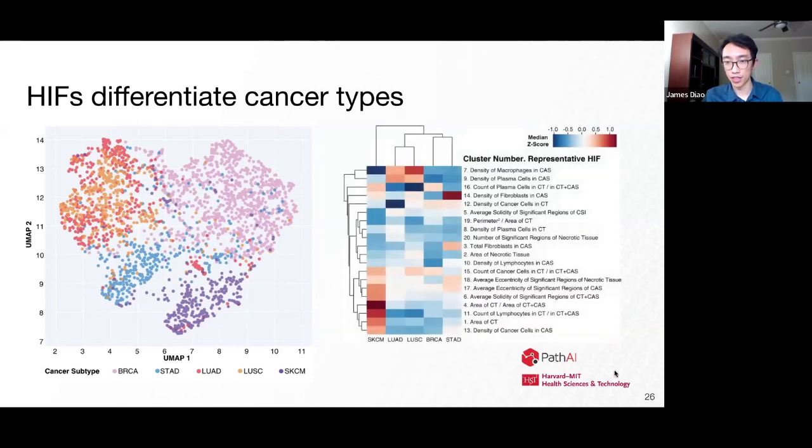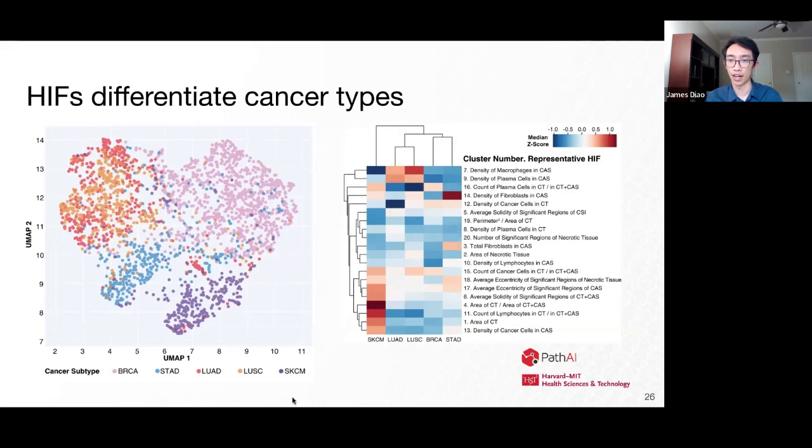To quantify this a little bit, we can take the HIFs and cluster them. We used a hierarchical agglomerative clustering method using the complete linkage method, and clustered it into 34 different clusters of HIFs. The reason we do that is because there's very high correlation between a lot of the variables.